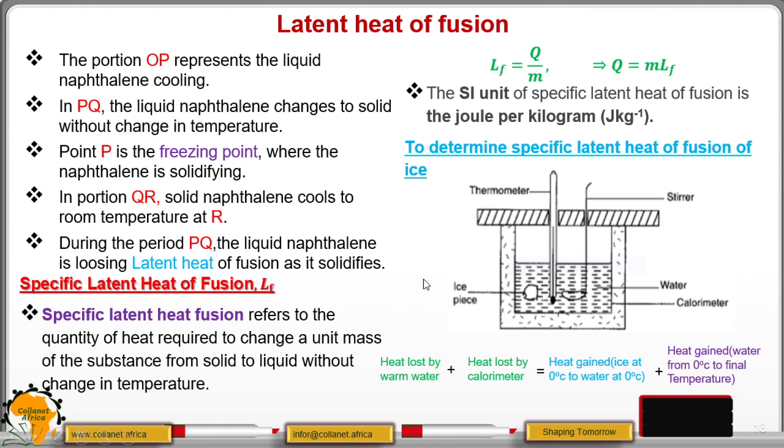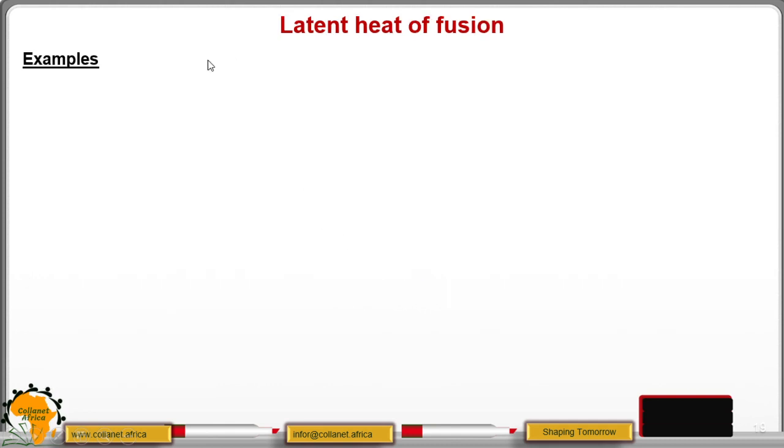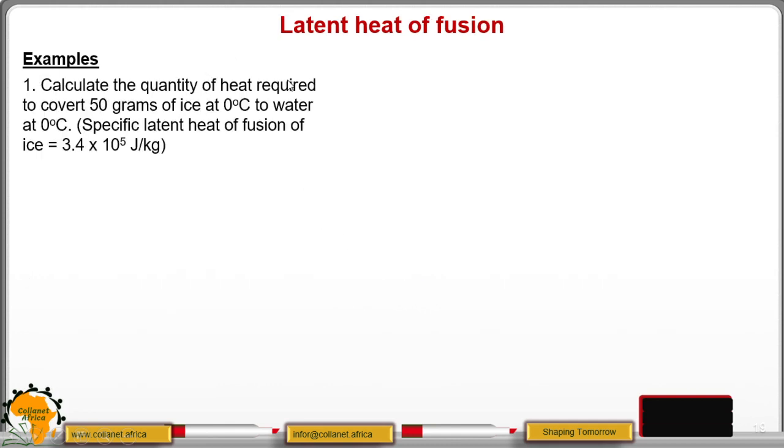From there, we can look at an example. 1. Calculate the quantity of heat required to convert 50 grams of ice at 0 degrees to water at 0 degrees. We proceed as follows. Quantity of heat is given by mass times specific latent heat of fusion. But we are given the mass in grams, so we convert it into kg by dividing through by 1,000.